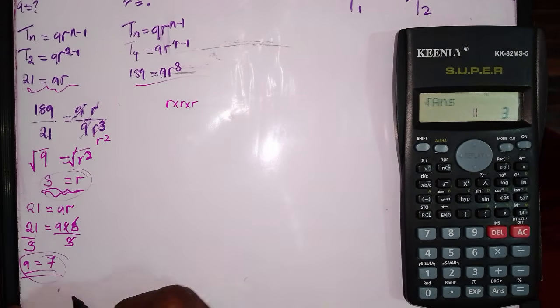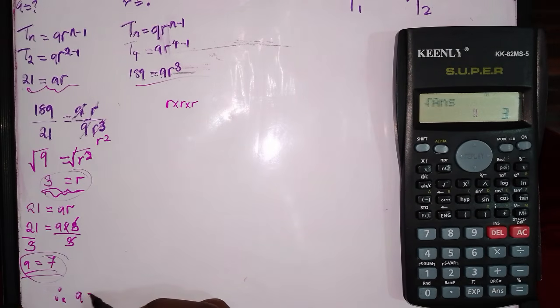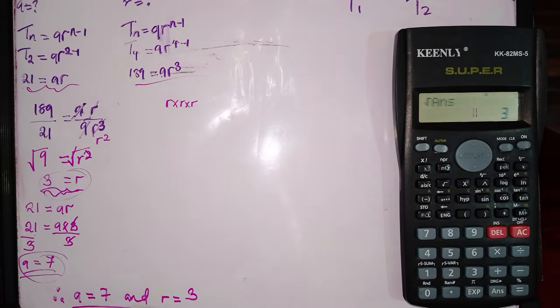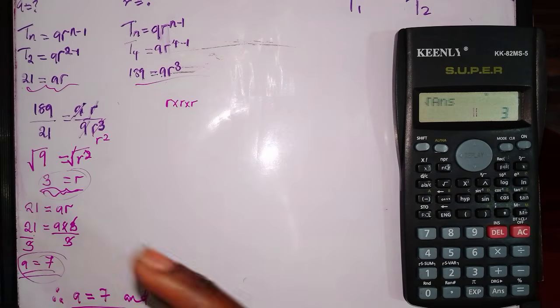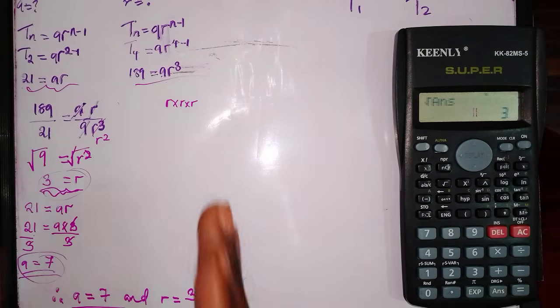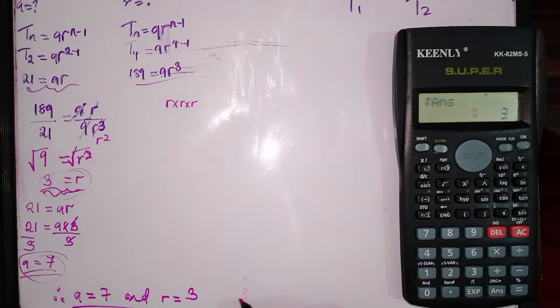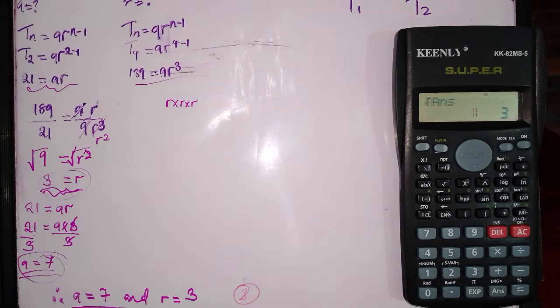Then you can conclude: therefore A is equal to 7 and R is equal to 3. Meaning you have solved the first term and the common ratio. This question is simple and it carries a lot of marks. Once you do this, you have gotten your first 3 marks.